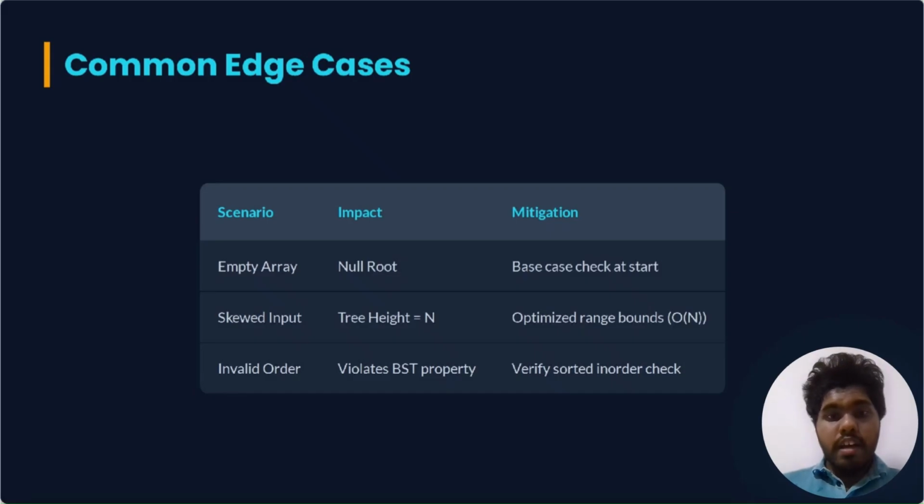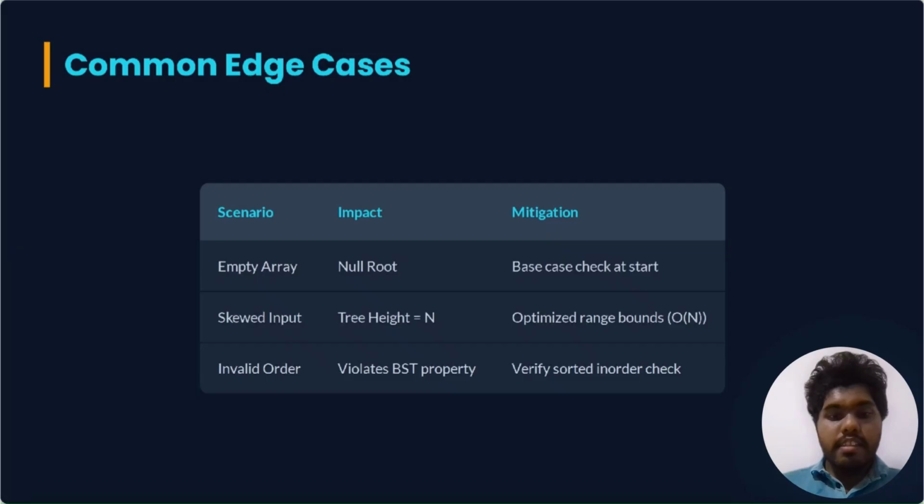Before you wrap up your study session, remember these three edge cases. First one is empty arrays. Your code should return null or None. Second one, skewed trees. Your algorithm must handle trees that look like a linked list without crashing.